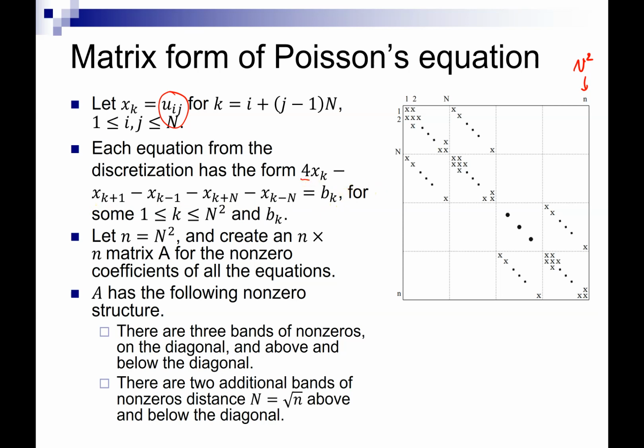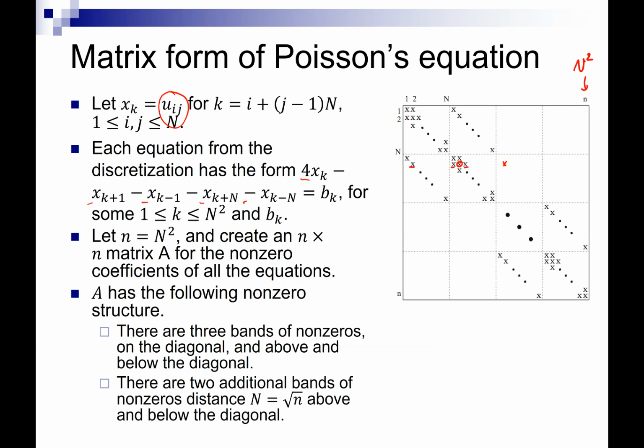If you look at how this works, for example, if you have an x of k over here, then you have a non-zero in the previous index k minus 1, and a non-zero in the next index k plus 1. Then you have another non-zero in the index k minus n, and there's also going to be a non-zero in the index k plus n. So every row is going to have 5 non-zeros.